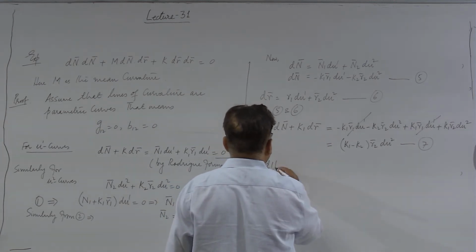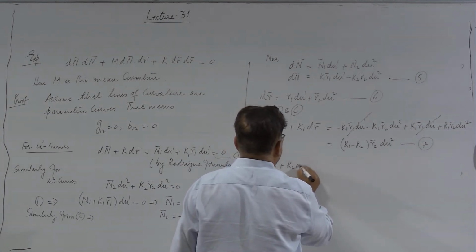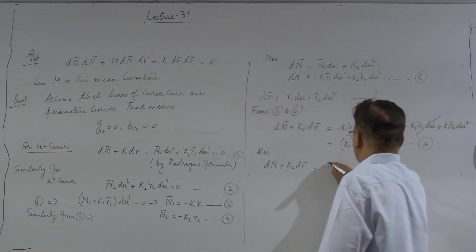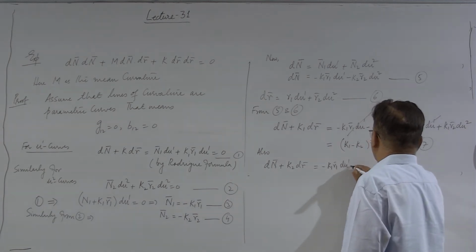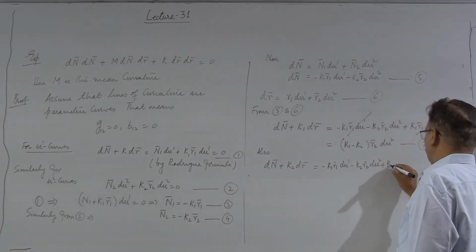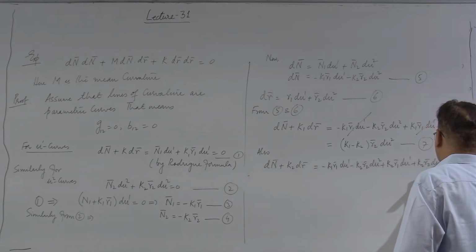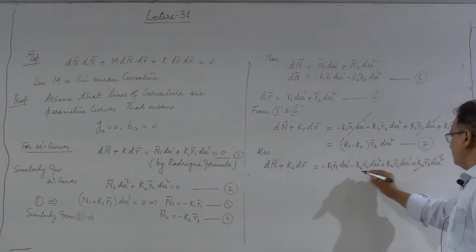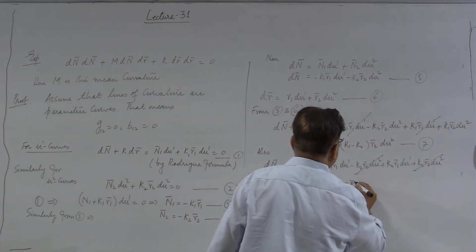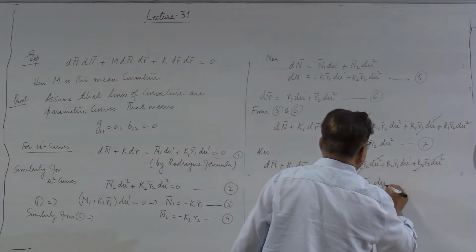So, from this relation I can find out dn plus k 2 dr. So, that will be minus k 1 r 1 into du 1 minus k 2 r 2 du 2 plus k 2 r 1 du 1 plus k 2 r 2 du 2, and this time the k 2 r 2 term will be cancelled out, and this will give you k 2 minus k 1 into r 1 du 1. This is number 8.